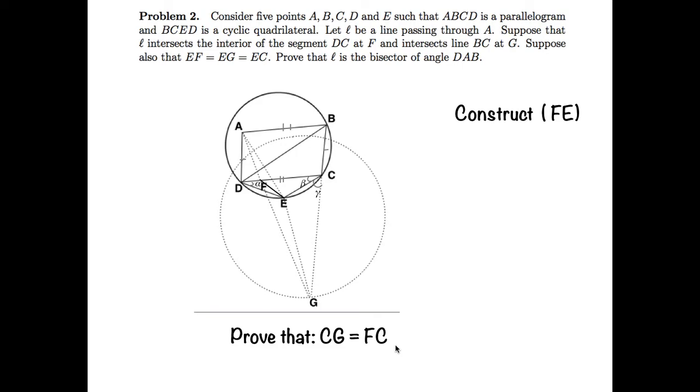First of all, what we are going to do is we are going to create a perpendicular bisector from E to FC so that the line from E to FC cuts the line FC into two equal halves. And the same with CG. From E to CG we create a line that cuts CG into two equal halves.